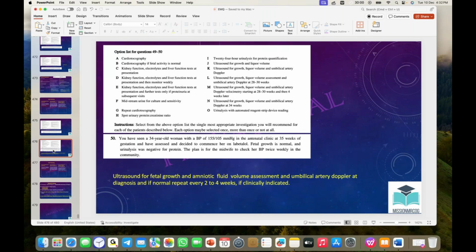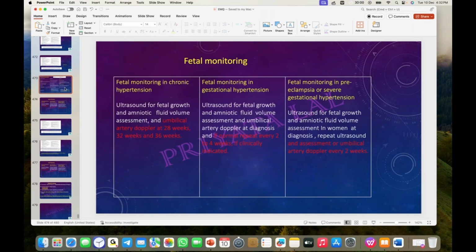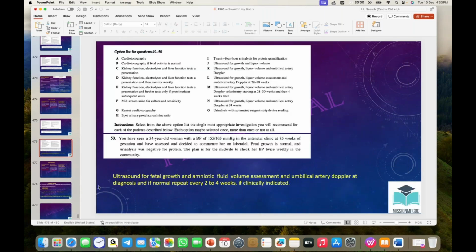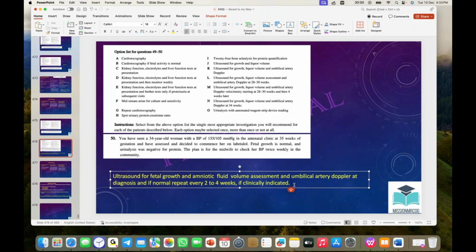D could be the same answer. Monitor blood test weekly. So D could be the answer. Okay, so both have got the same answer. Monitor weekly.